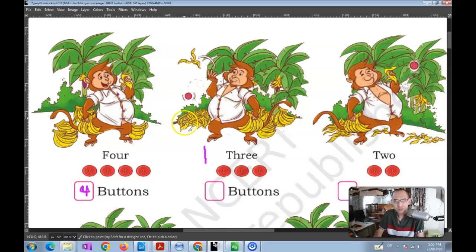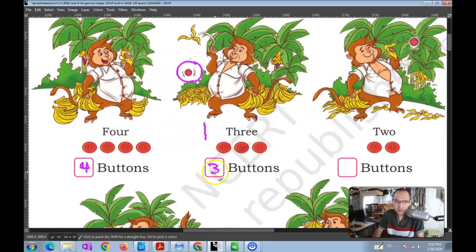So now one button pops out, which is right over here. So we had 4 buttons minus 1 button, that would be 3 buttons. Again over here we had 3 buttons minus another 1 button, that would be 2 buttons, right?